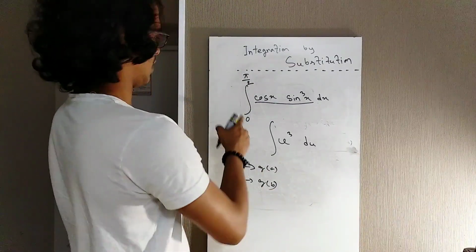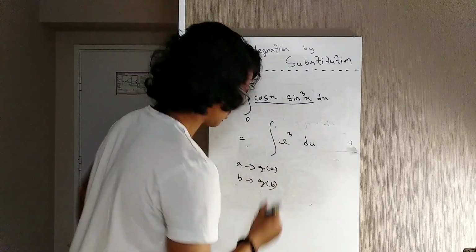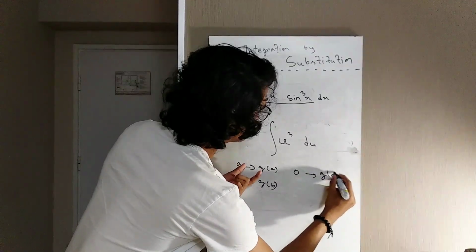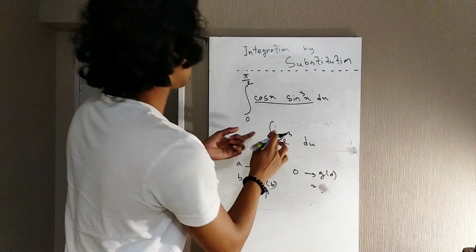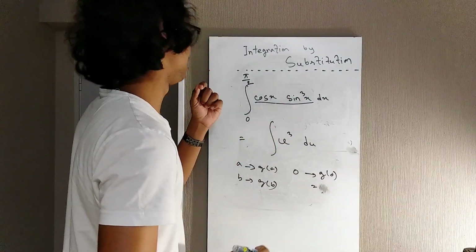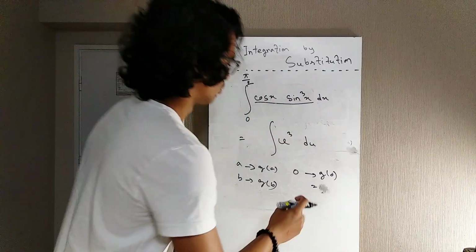So here our a is, let's say, 0. For 0 we can substitute 0 with g of 0. What is g of 0? Well, we assumed g to be sin x, right? Sin x is basically g, or u.